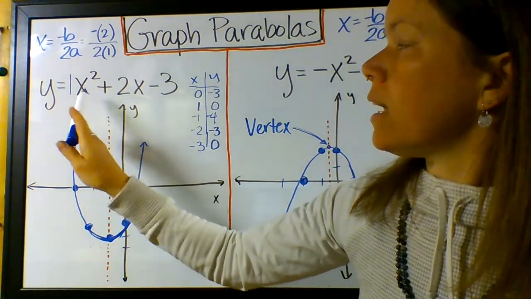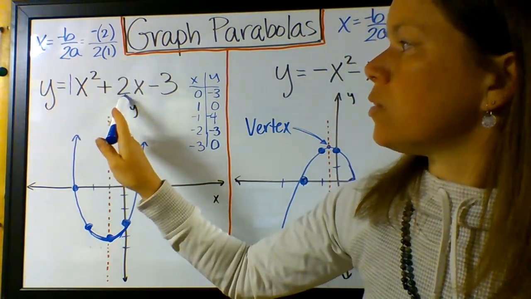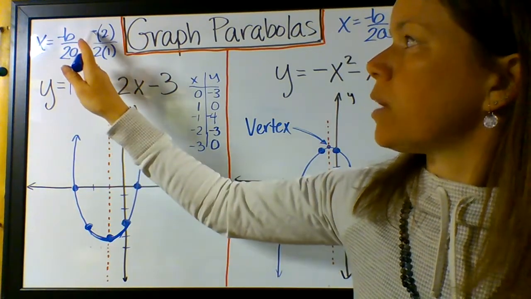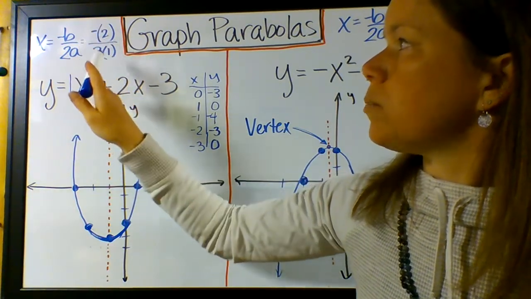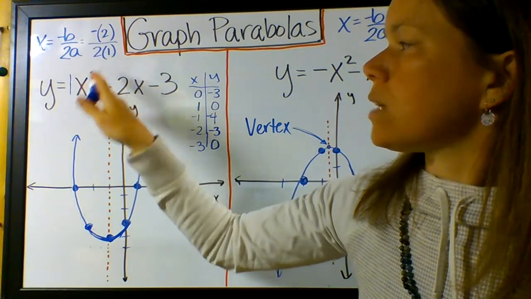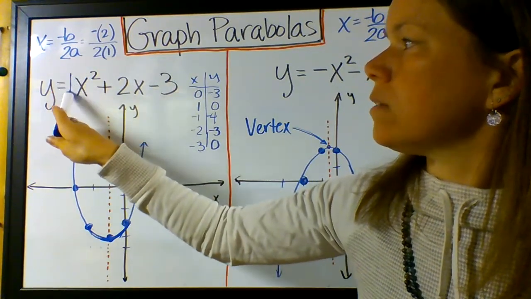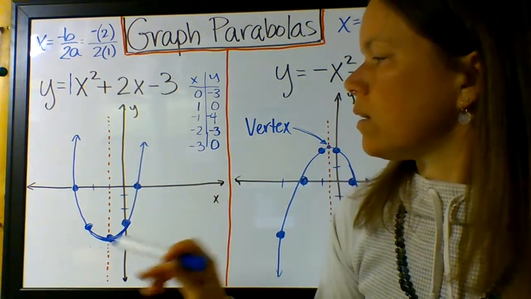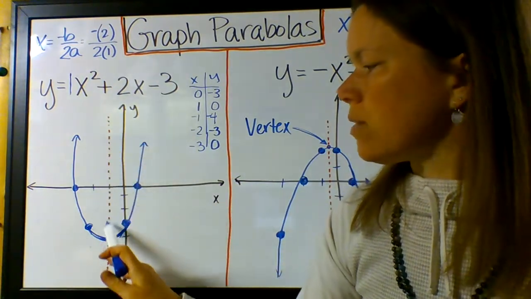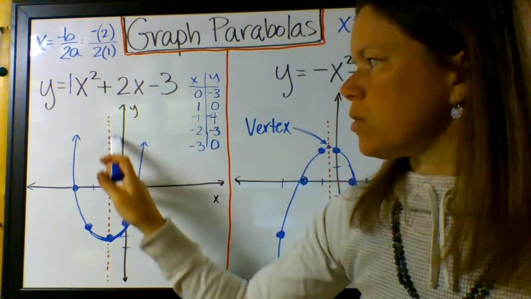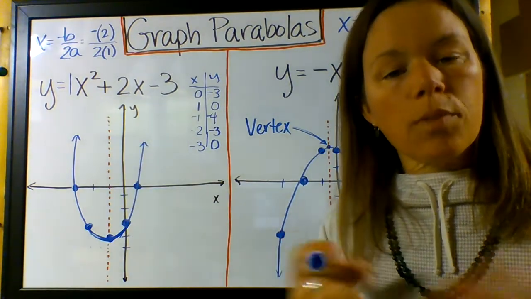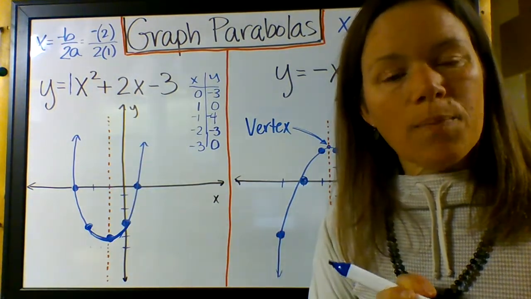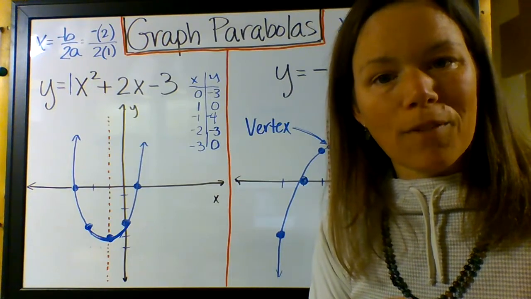So I plug in negative b, and b is positive 2, so negative, parentheses, 2, over 2 times a, which is 1, okay? And I found that negative 2 over 2 is negative 1. And look at that, that axis of symmetry matches up with my graphed parabola from my table of values.